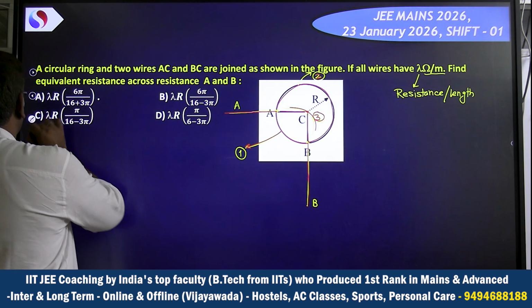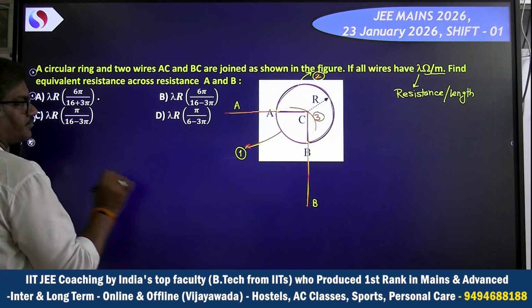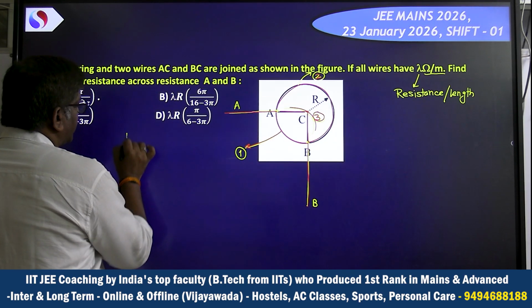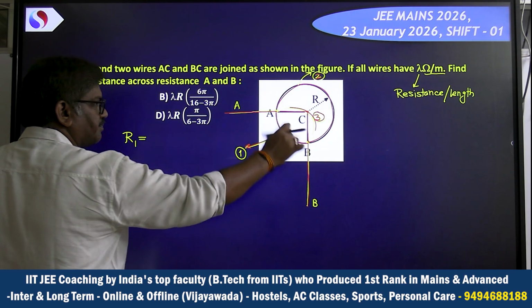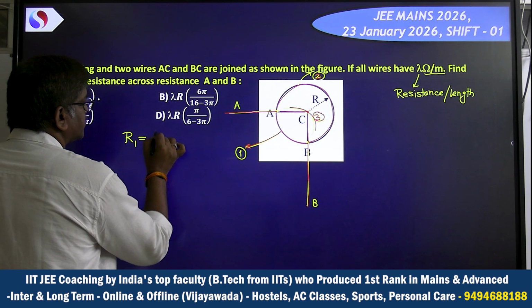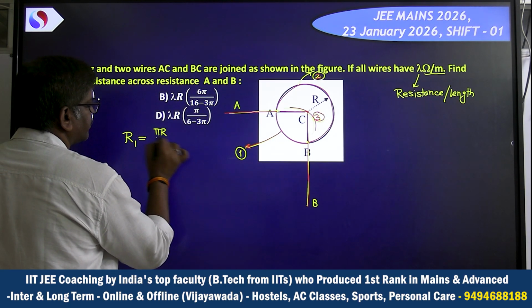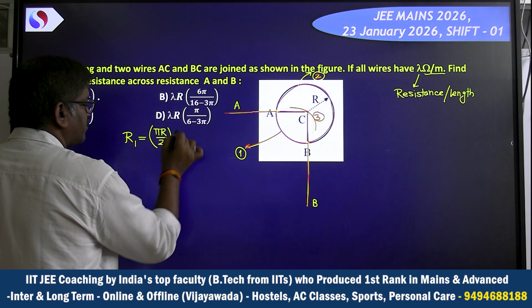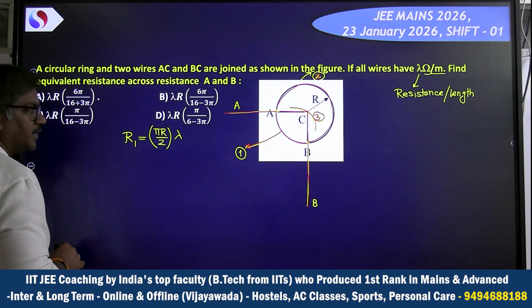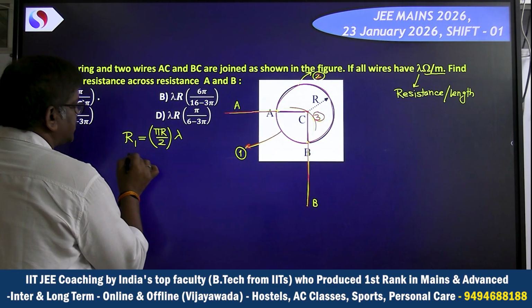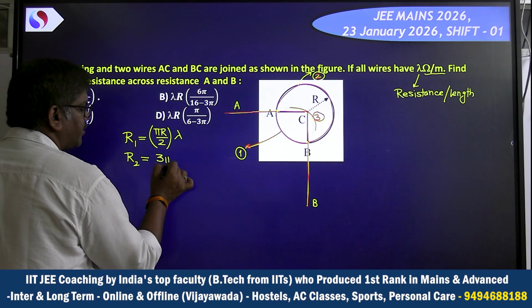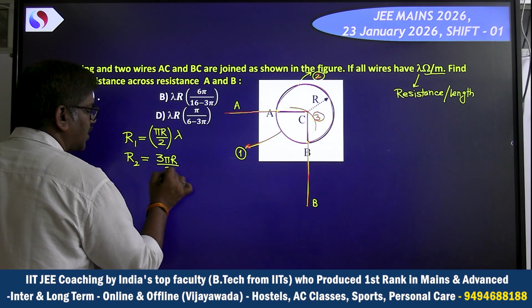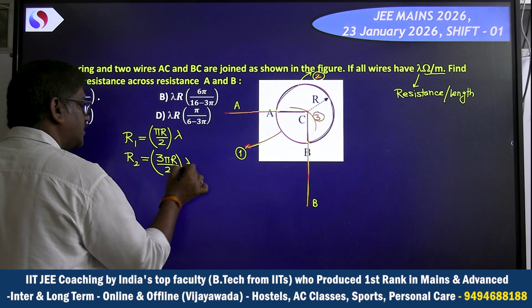Now we are finding R1, R2 and R3. What is the resistance R1? The length of this wire is pi r by 2, and resistance per unit length is lambda. The resistance of portion 2, which is 3/4, has length 3 pi r by 2, into lambda.